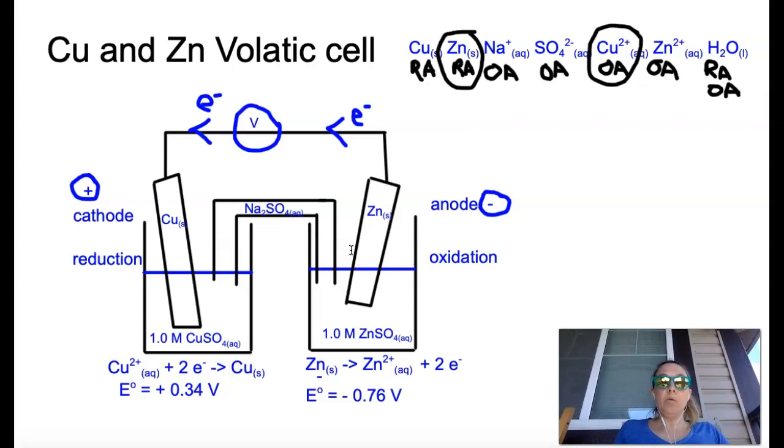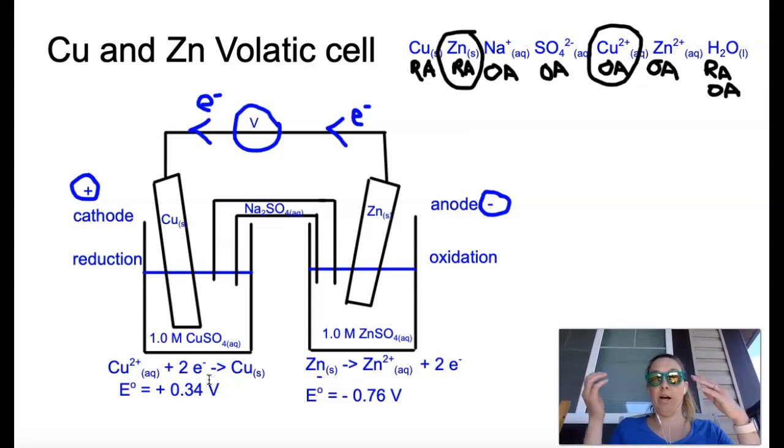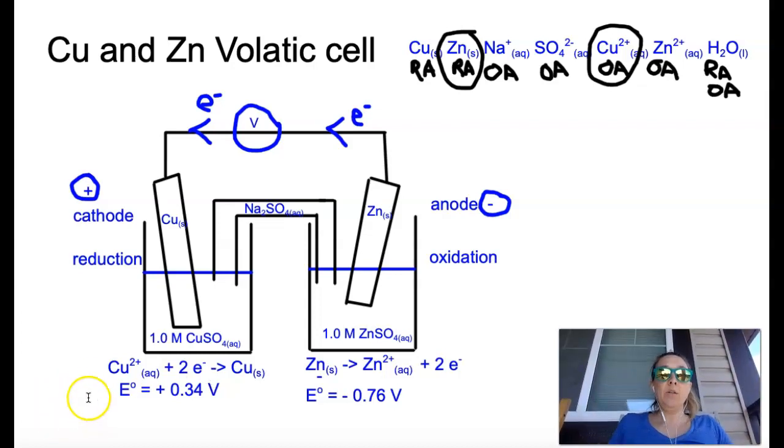Which way they're going to flow basically comes down to what's happening to the charge in your beaker as that chemical reaction occurs. If we think about this beaker of copper sulfate, before anything started, my charges were balanced, right? For every copper 2+ ion, I had a sulfate 2- ion. So I had equal positive charges to negative charges. As this reaction occurs, though, we're pulling copper 2+ ions out of the solution and turning them into solid copper.